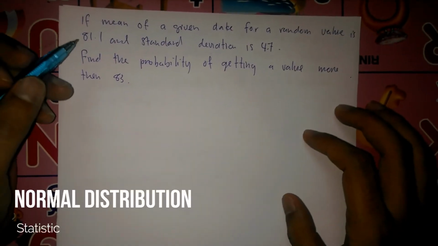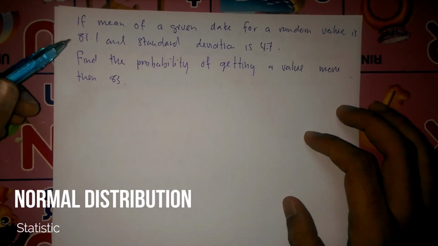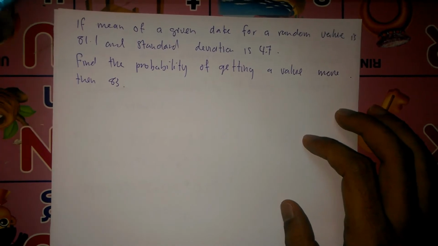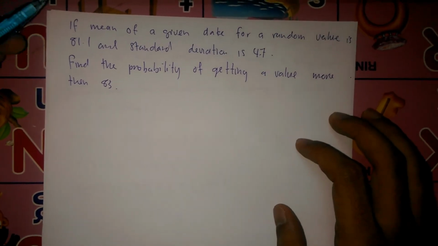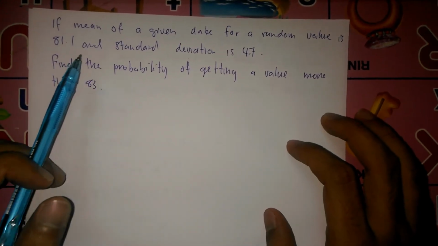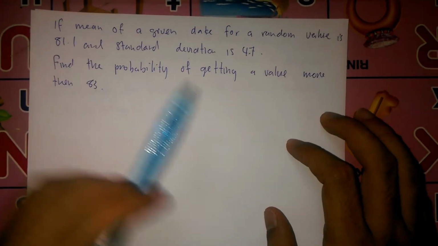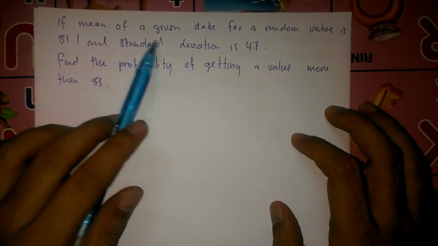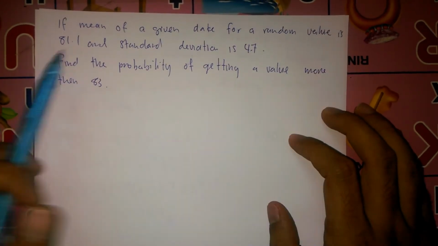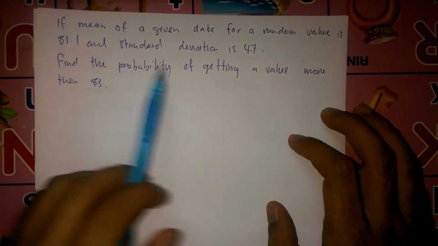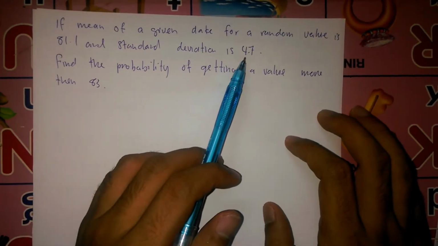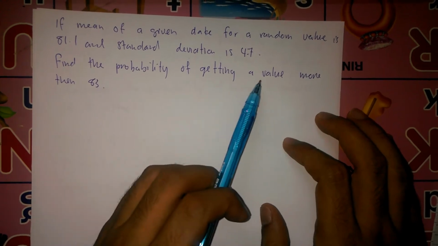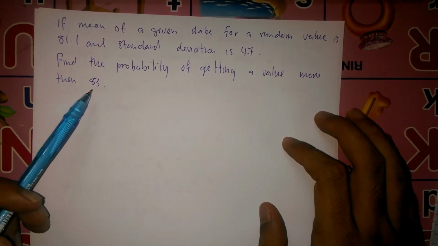Okay, we continue to another question, an example for another subtopic. This is our subtopic, normal distribution. This is a question for the standard normal distribution. If the mean of a given data for a random variable is 81.1 and the standard deviation is 4.7, find the probability of getting a value more than 83.